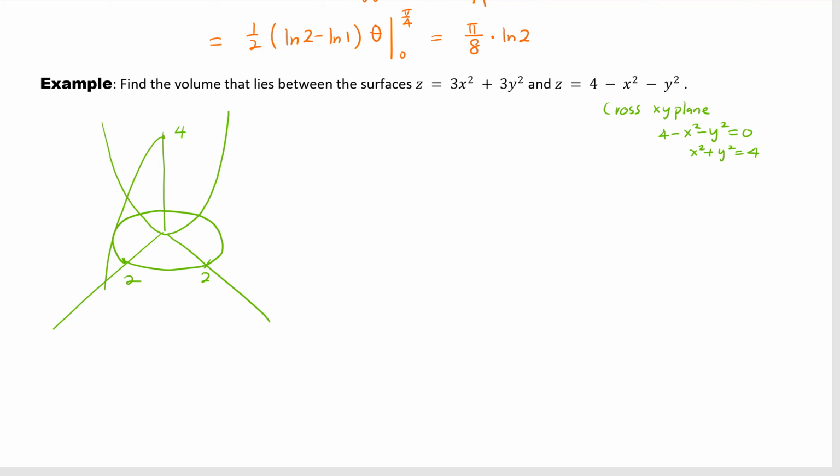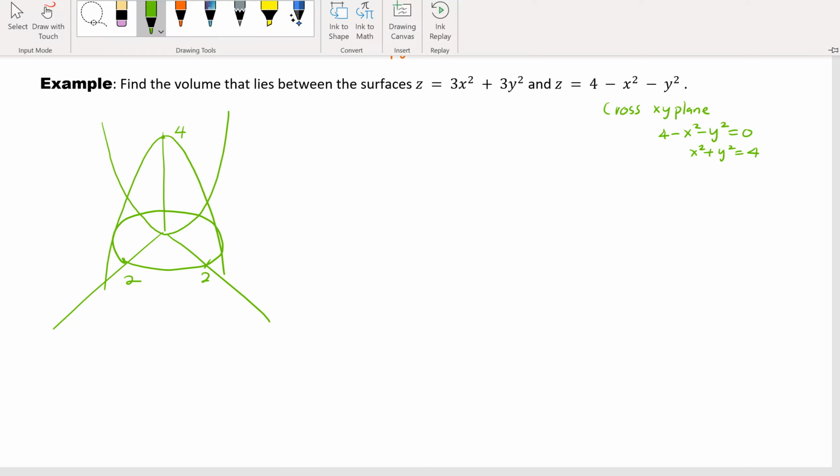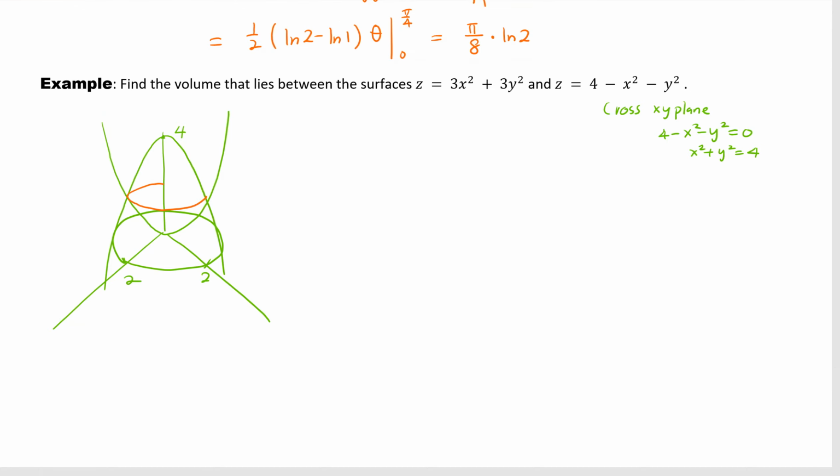Okay, so it looks like this. Now you can see those two paraboloids intersect in a circle. Then we can project this circle down on the xy plane. This is the region R.